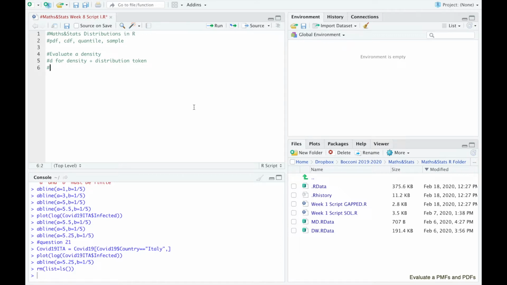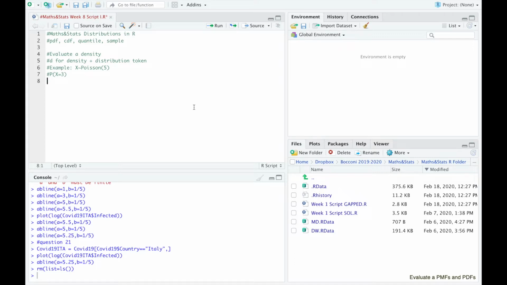So, for example, if we have x, which is distributed according to a Poisson with parameter 5, so lambda equal to 5, and I want to evaluate the density, so the probability mass function of this random variable. So that would be the probability, for example, for x to be equal to 3.